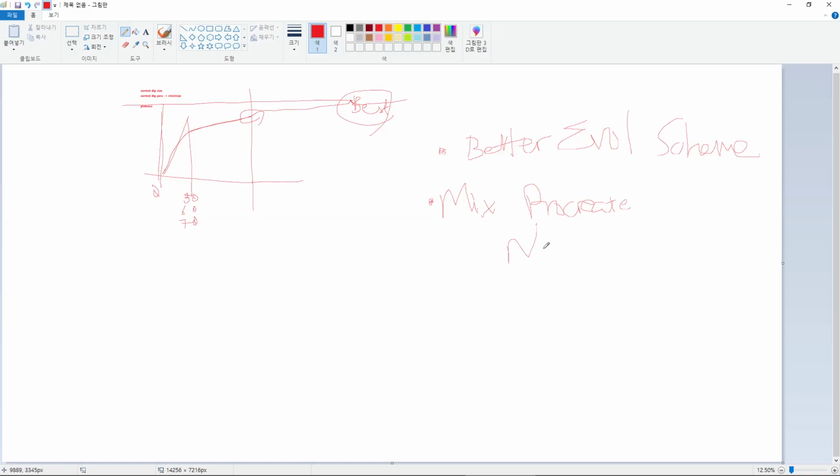It could be a new procreate function, or it could be a change in how I implement one or two or more procreate functions.